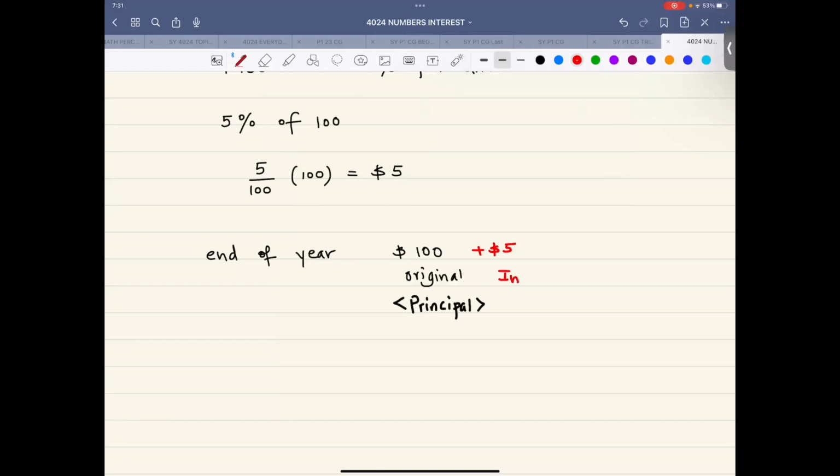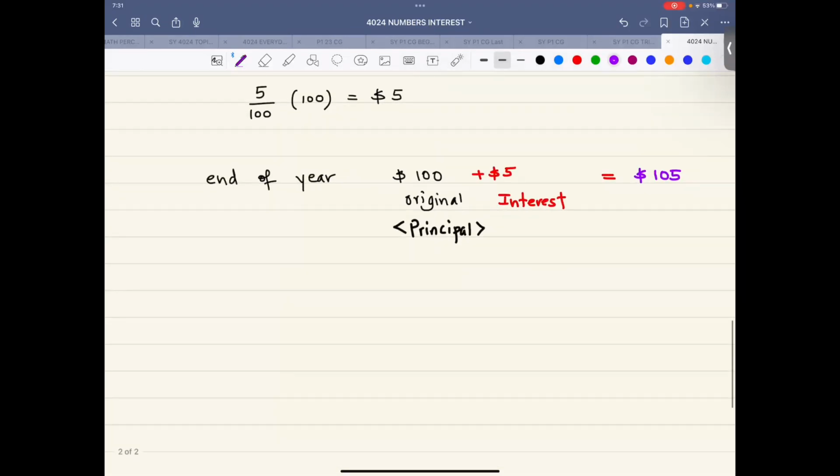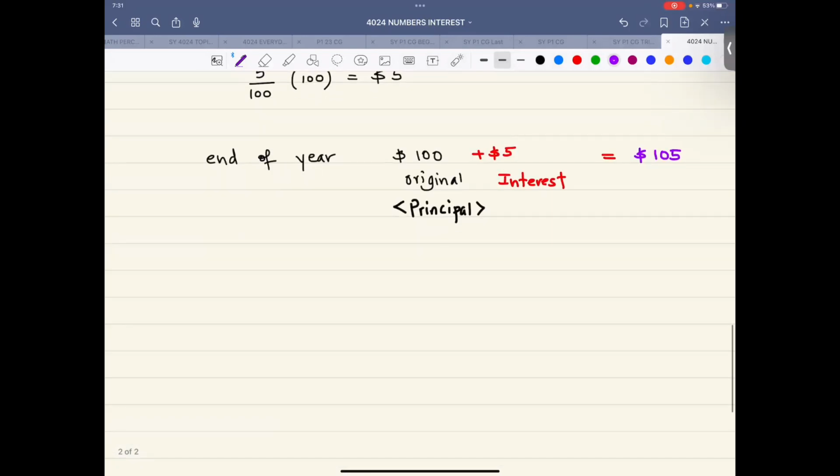This is the interest. So at the end of the first year, you will be having $105. Now, in simple interest, we use the formula I is equal to PRT over 100.